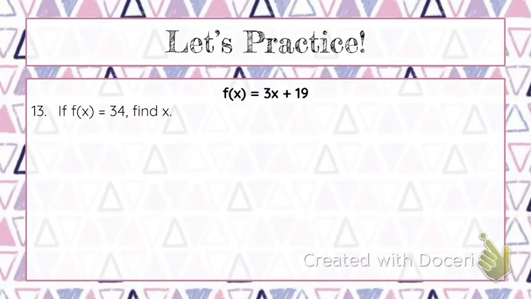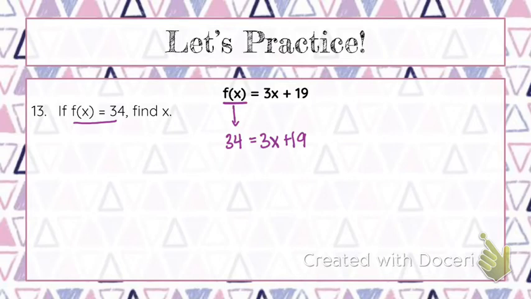But then number 13, it gives us a function, f of x, but instead of telling us what x is, it tells us what f of x is. So what this means is we're going to replace f of x with 34. It tells us that's what f of x equals. And then that must equal 3x plus 19.